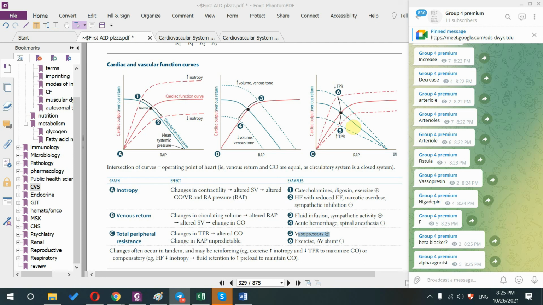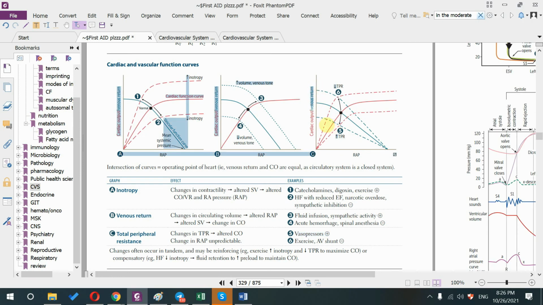So that's how vasopressors lead to, first of all, an increase in the total peripheral resistance, which leads to less venous return. That's why the vascular function curve is dropped. And also, when the total peripheral resistance is high, the afterload is high, which tells the heart and the cardiac output to decrease. Okay, so let's go down.